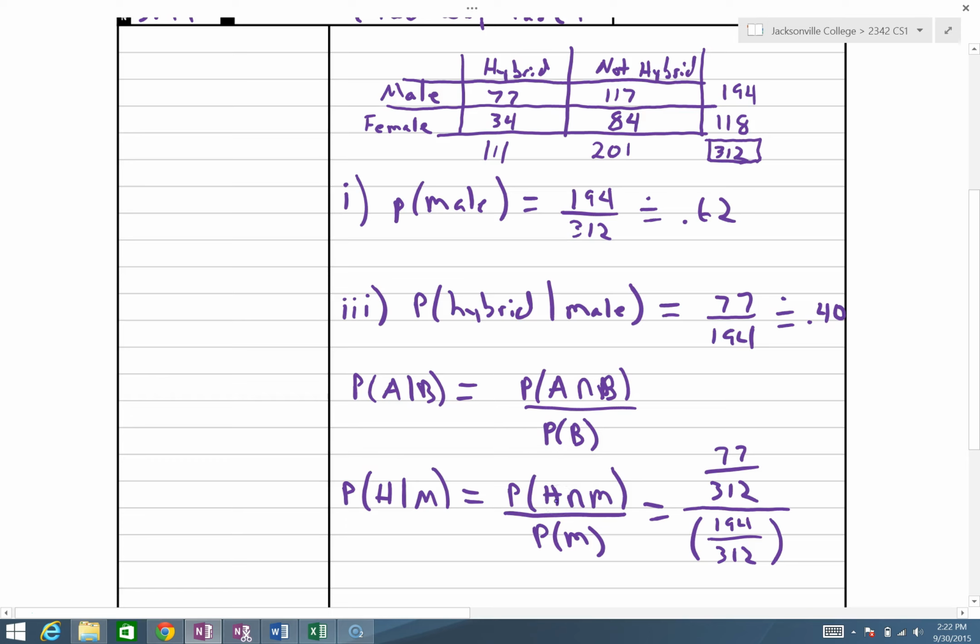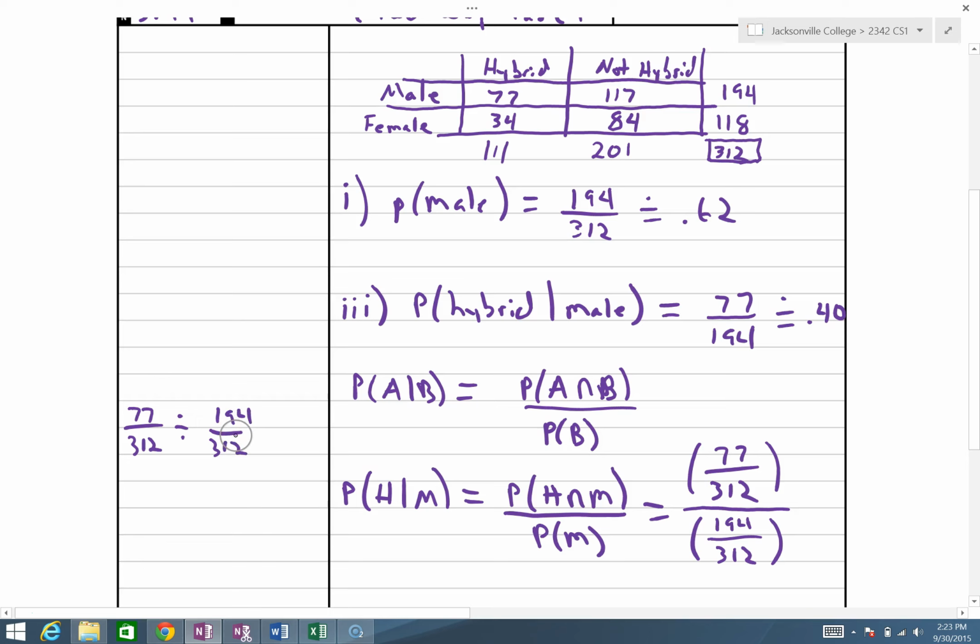The number of people that are hybrid drivers and male is 77 out of 312. So it's this fraction divided by this fraction. Hopefully you remember from arithmetic, when you divide by fractions, 77 over 312 divided by 194 over 312.